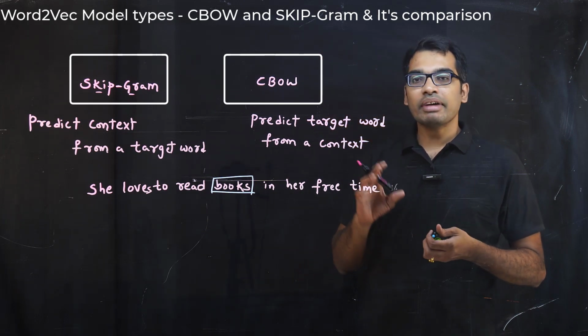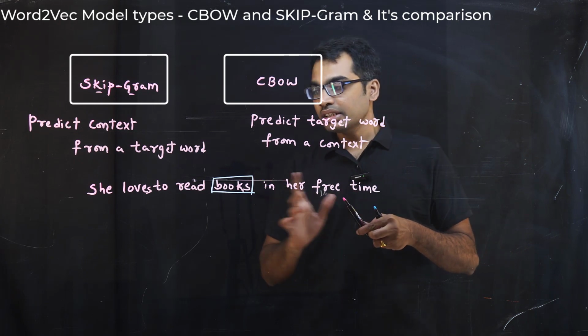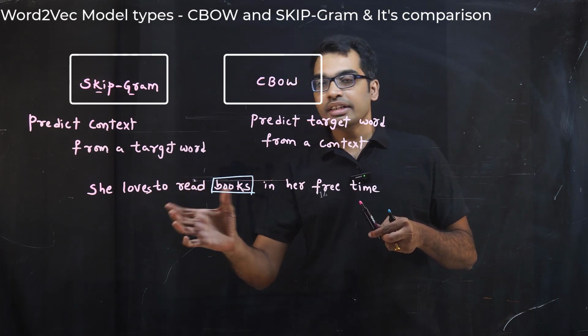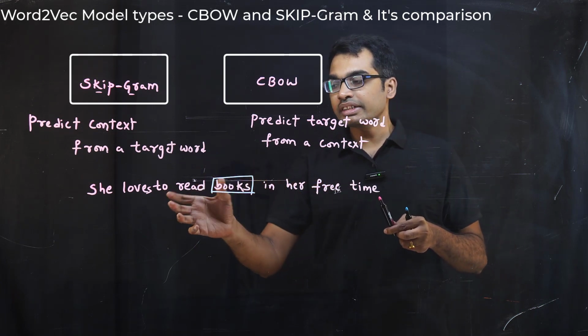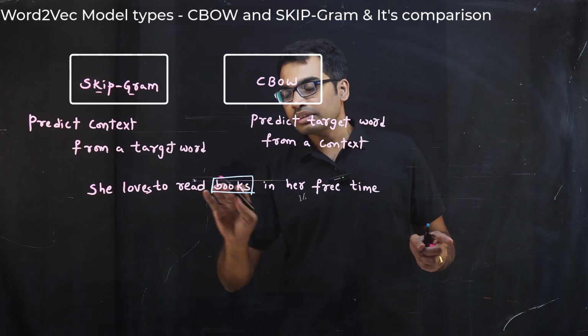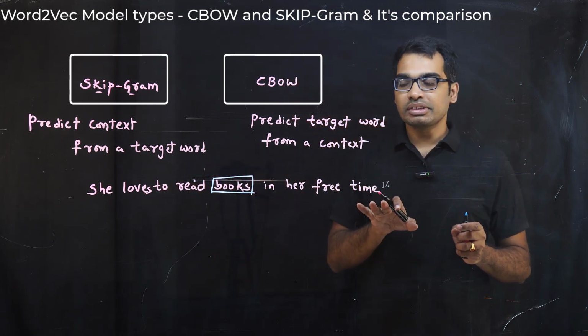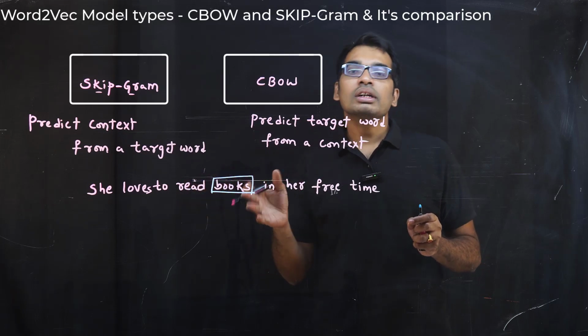Now we have a hyperparameter called window size. For the window size, we consider the left and right together. If the window size is 3, then we consider 3 words on the left side and 3 on the right side. If we consider 2, then 2 on the left and 2 on the right.